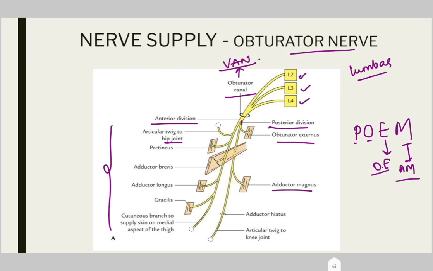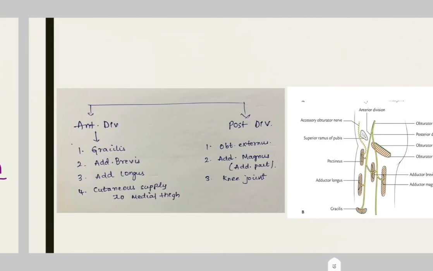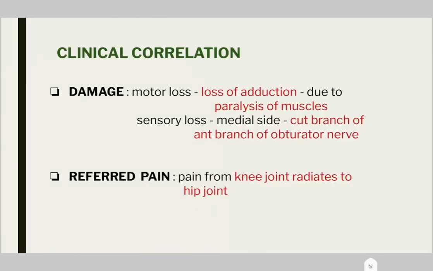The anterior division gives an articular branch to hip joint, posterior division gives an articular branch to knee joint, and the skin of the medial side of the thigh is supplied by anterior division of obturator nerve.